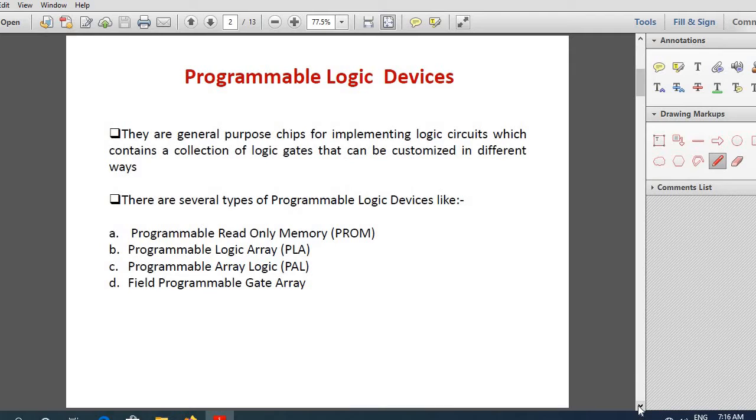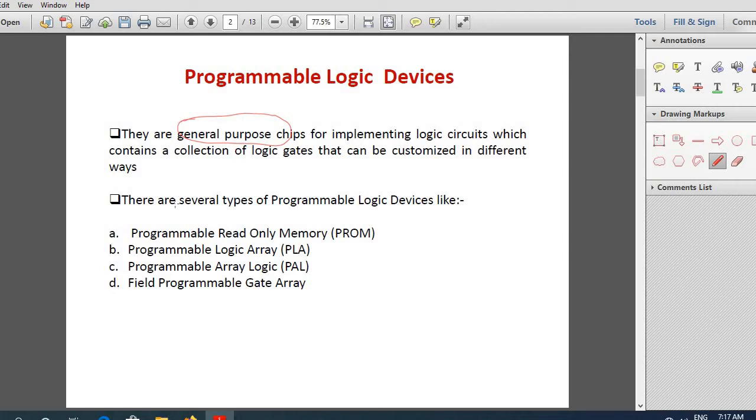Now, what are programmable logic devices? Actually, they are general purpose chips which are used for implementing logic circuits. So basically, programmable logic devices contain a collection of gates which can be customized in different ways to implement different functions.